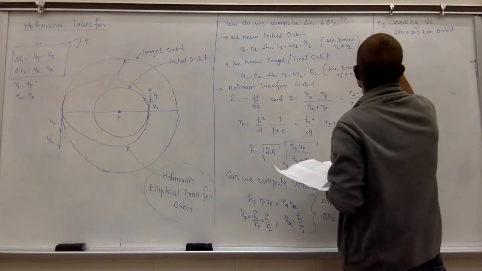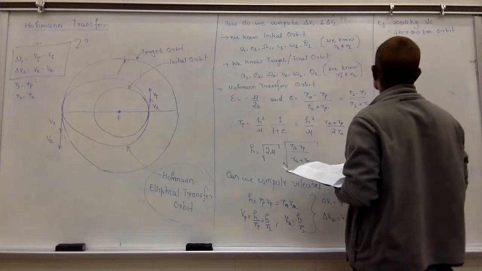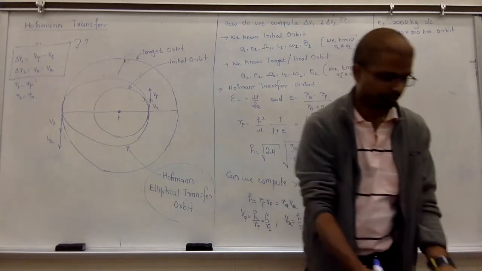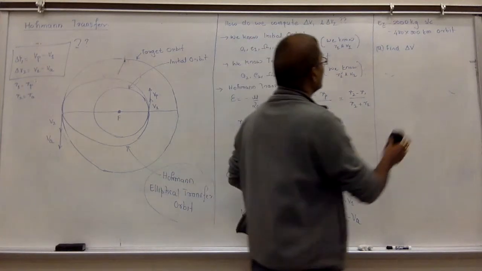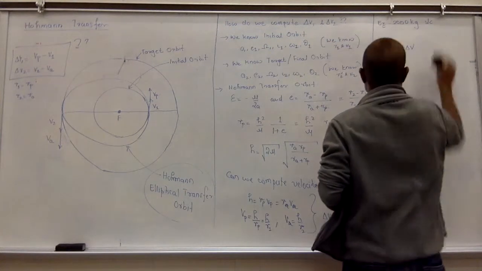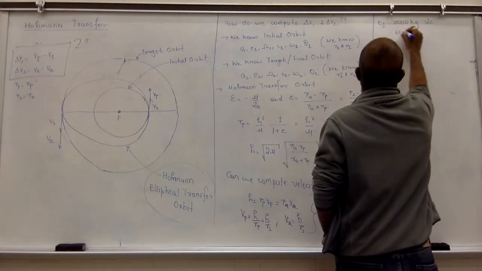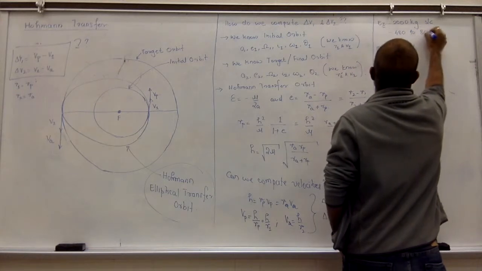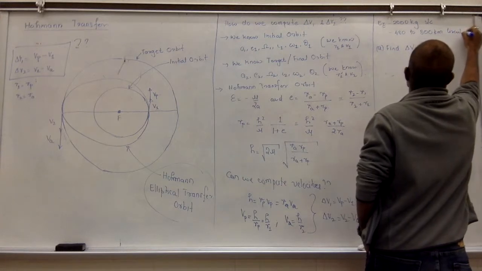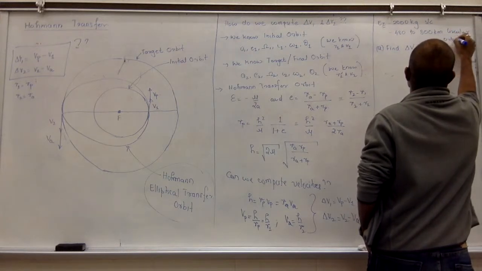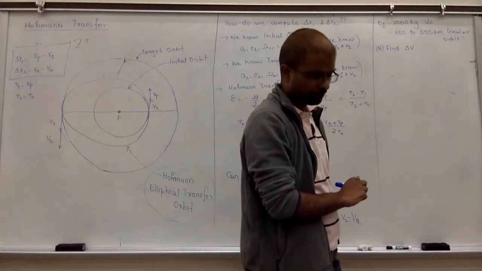Find delta V. Let me make it interesting: it needs to go from a 480 kilometer circular orbit to an 800 kilometer circular orbit.